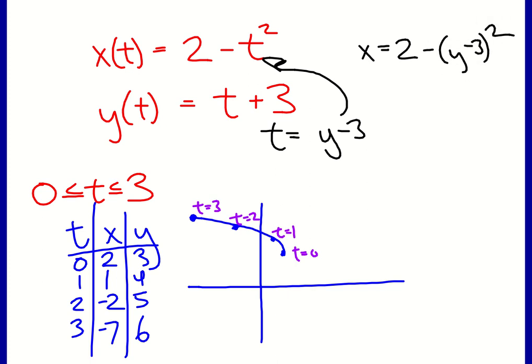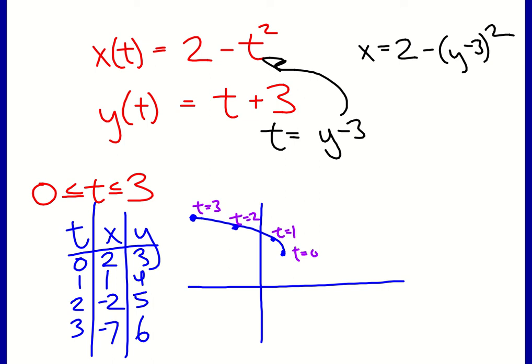That would eliminate the parameter. And so now I just have x in terms of y, or you could do it vice versa and have y in terms of x. This may allow you to graph it easier. However, you lose that bit of information about t when you eliminate the parameter.